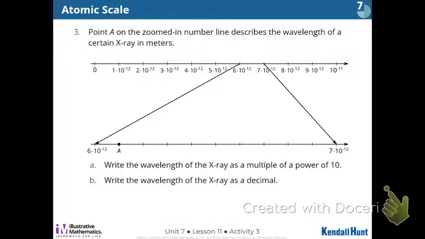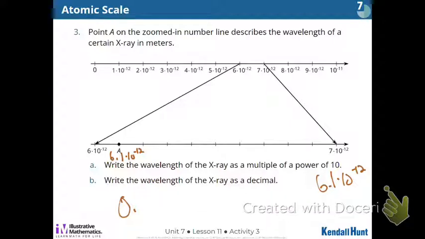So last little example to show you. We want this wavelength of A written as a power of 10. So if this is 6 times 10 to the negative 12, this has to be 6.1 times 10 to the negative 12. As a decimal, how many zeros are going to be in front of that 6?